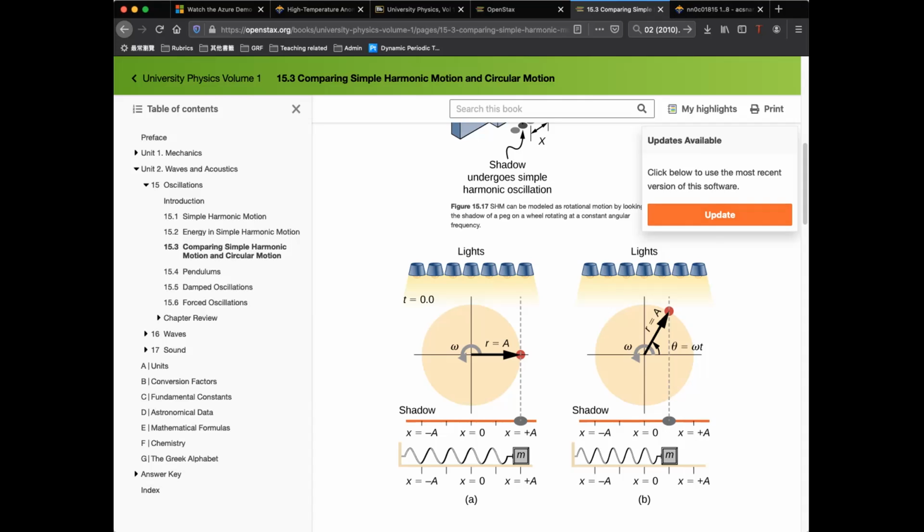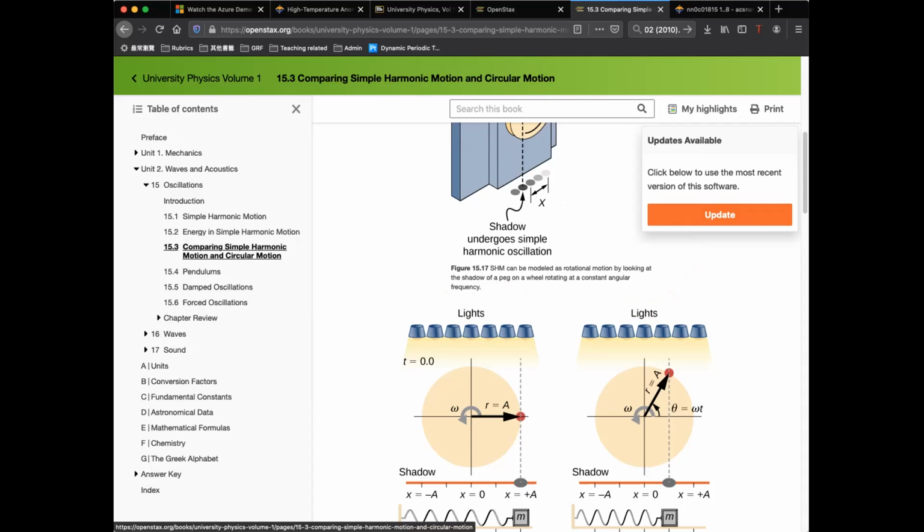You could take a look later at chapter 15.3 in your university physics textbook, comparison between simple harmonic motion and circular motion.